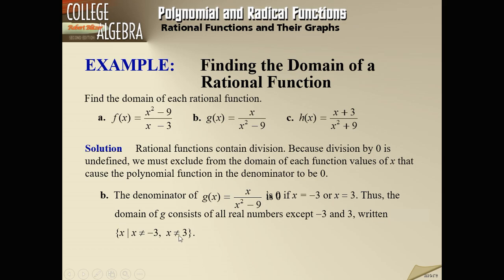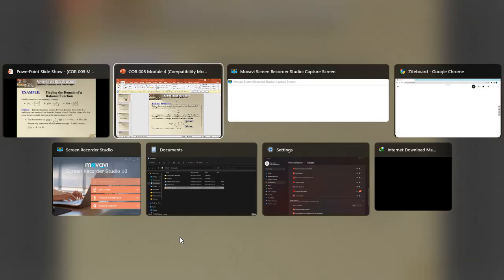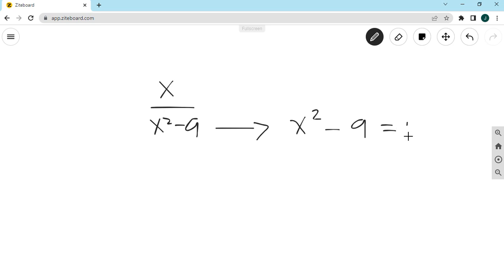So, ang gagawin kasi natin dito, let's go to sa board. We have here x over x squared minus 9. So, ang sabi ko kanina, we let the denominator equal to 0. And then, find the value of x. So, we have x squared minus 9 equal to 0. So, we have the left and the right side of the equation.